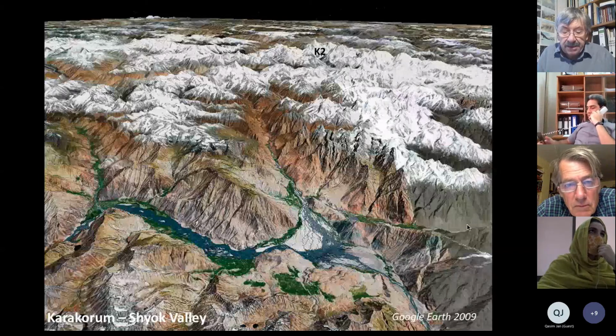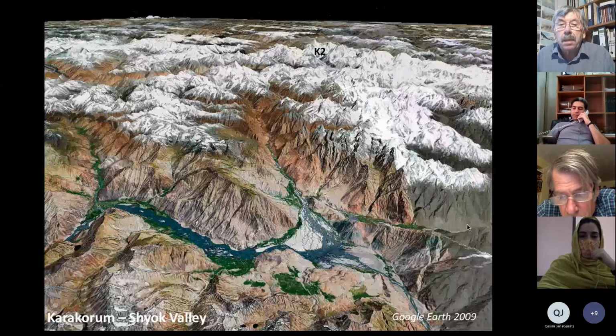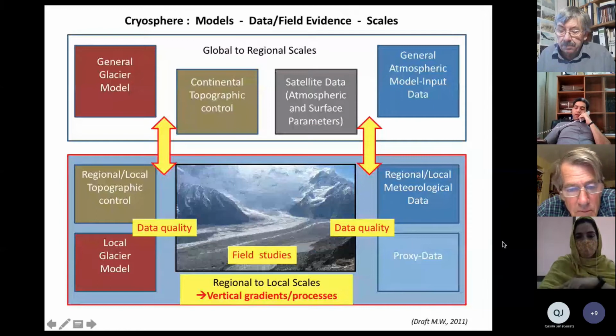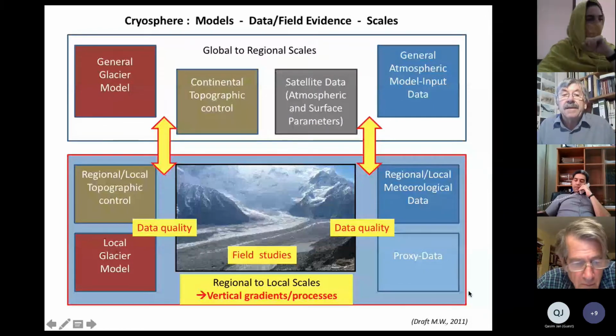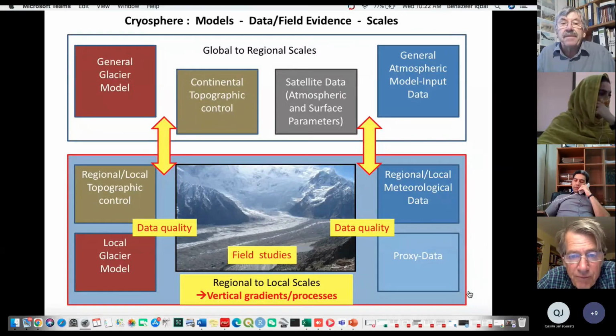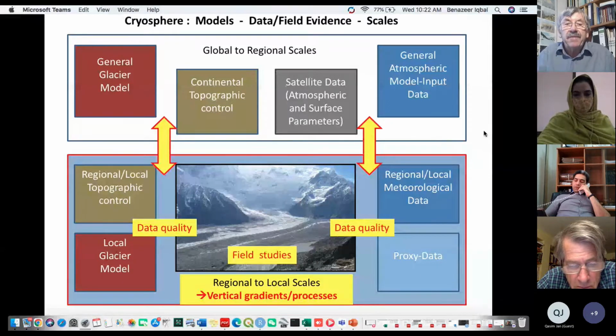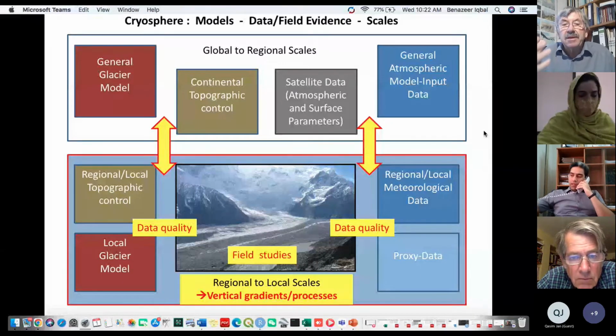So on the next slide, please. Yes, you see the different approaches to understand what happens in these high mountains. You have two frames. The upper frame is global to regional scale.